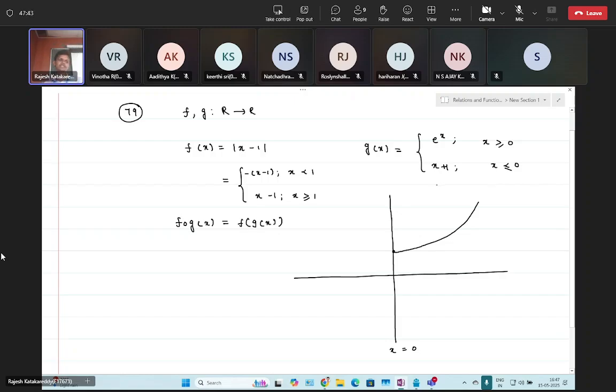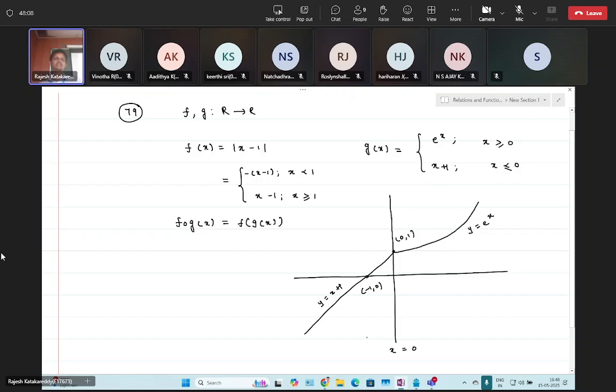Slope is positive, y-intercept is positive. So it passes through the point (0, 1). The x-intercept is negative: this is (minus 1, 0), and this is (0, 1). This is y equals e to the power x. This is y equals x plus 1.